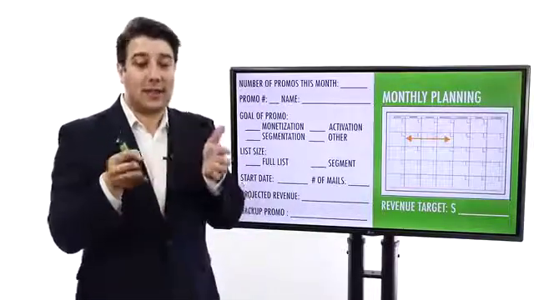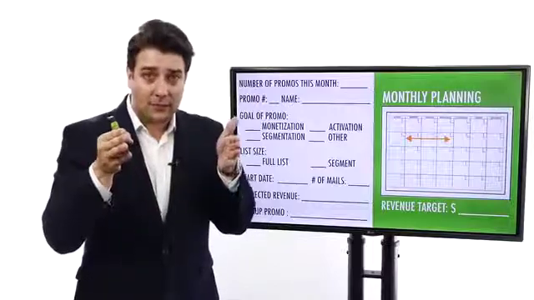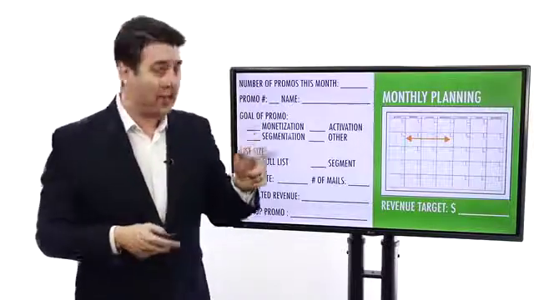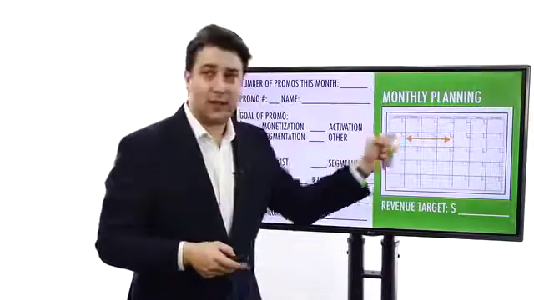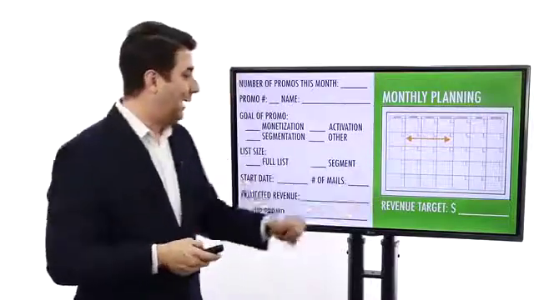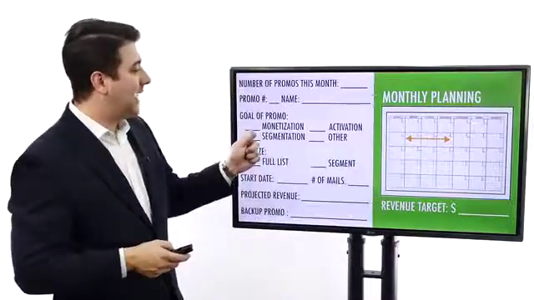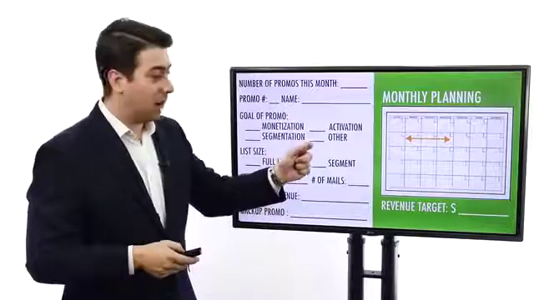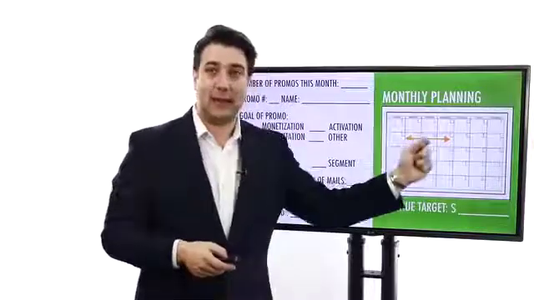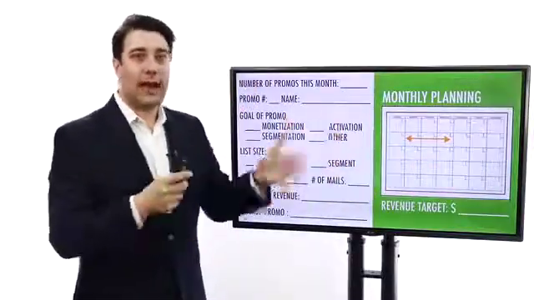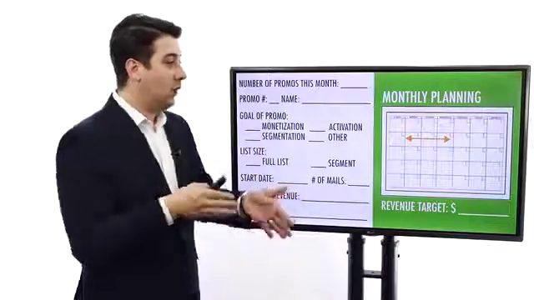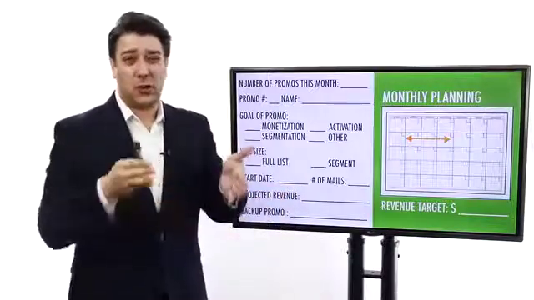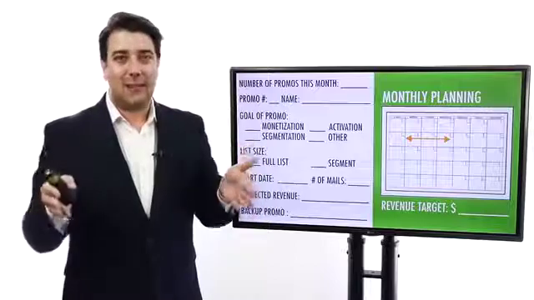That makes up a big enough portion of my database that I'm going to run a campaign directly to them and broadcast it. At the same time, anyone who hasn't bought that product, I'm going to run an activation campaign. So this is how we break down and optimize a marketing calendar when we're running potentially 2 or 3 or 4 campaigns a week.